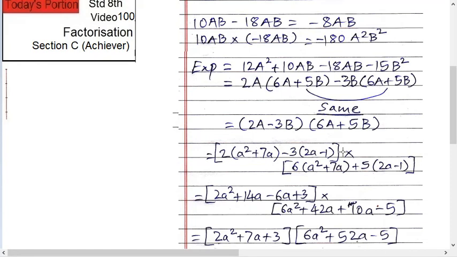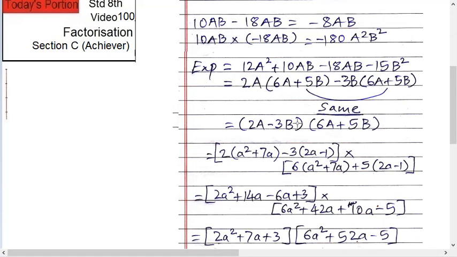So let's move on. Therefore the expression is 12A square plus 10AB minus 18AB minus 15B square. Okay, now take first 2A common, then 6A plus 5B, same 6A plus 5B on the other side, and remaining is minus 3B. So now 6A plus 5B common: 2A minus 3B into 6A plus 5B.